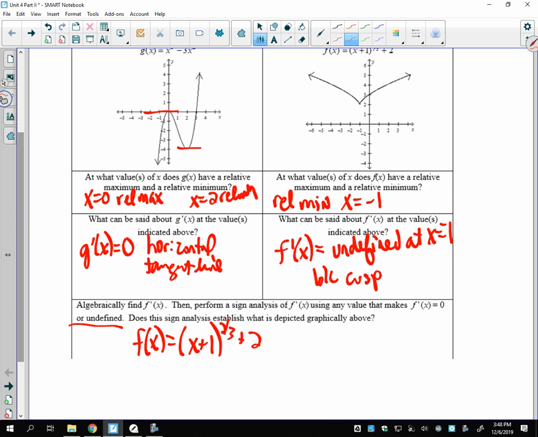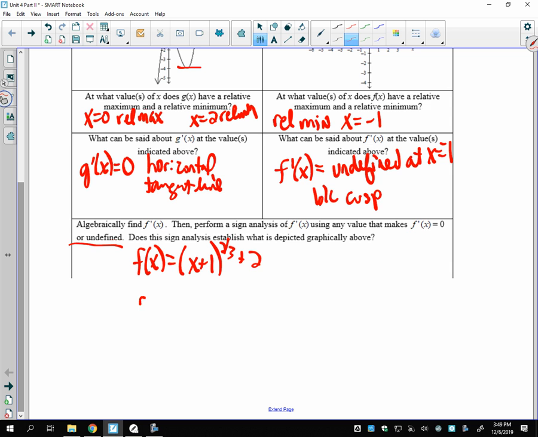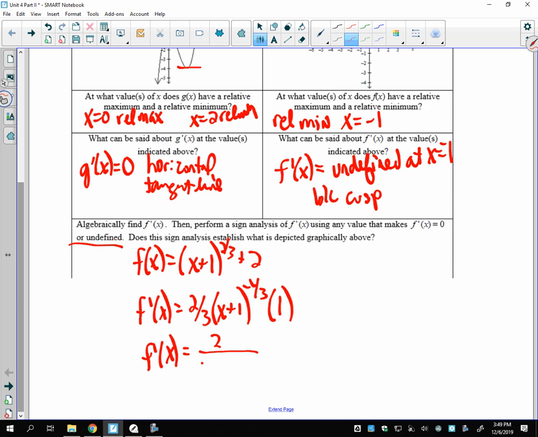If I was going to take the derivative of this, that's just the chain rule, where I would say 2/3 times (x plus 1) to the -1/3. The derivative of the inside is just 1, and then the derivative of 2 is 0. So you could write that as 2 over 3 times the cube root of x plus 1.